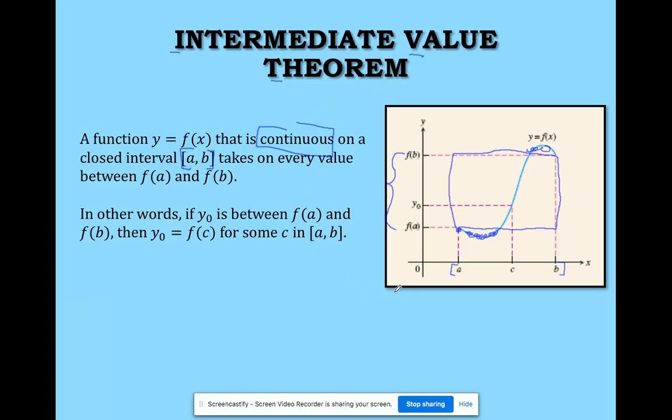The intermediate value theorem guarantees, doesn't mean it's the only thing possible, but guarantees that at least one time every function value between f of A and f of B will be used at least once, right? Values might be used more than once, and there might be, as this graph shows, values below f of A and above f of B that are used, but the IVT guarantees all of these red values are achieved at least once.